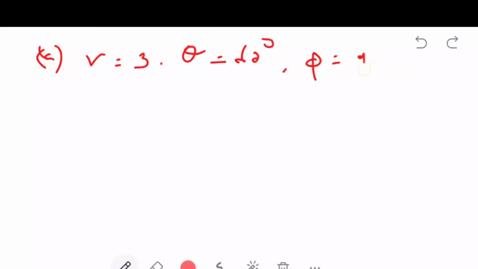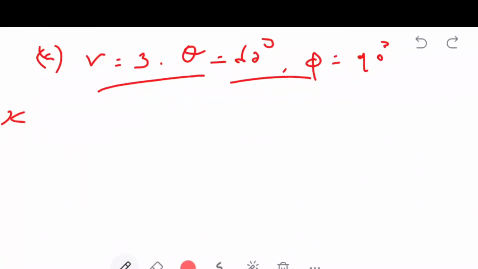We go for C now. C bit, r equal to 3, theta equal to 60 degrees, phi equal to 90 degrees. This is the spherical coordinate system. The given coordinate system is spherical, and we have to convert into Cartesian coordinate system.